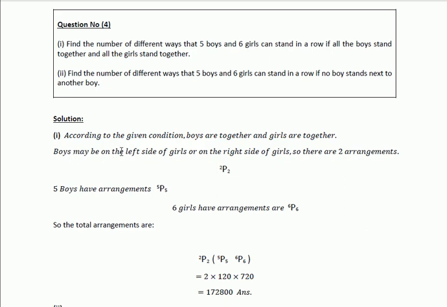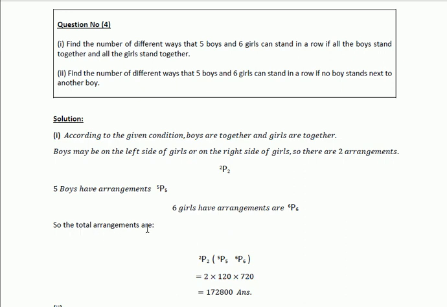According to the given condition, the boys are together and the girls are together. It means that the boys may be on the left side of the girls or on the right side of the girls. So there are two options, 2P2. There are 5 boys, so they have arrangement 5P5. As there are 6 girls, they have arrangement 6P6.